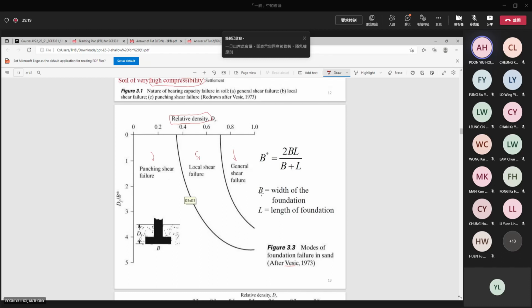If the soil is good enough, then you will expect to use this method. So before you do any design, you need to understand what types of failure mode, based on some research by other people.